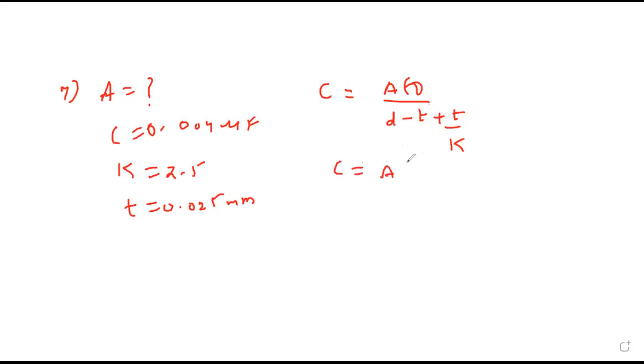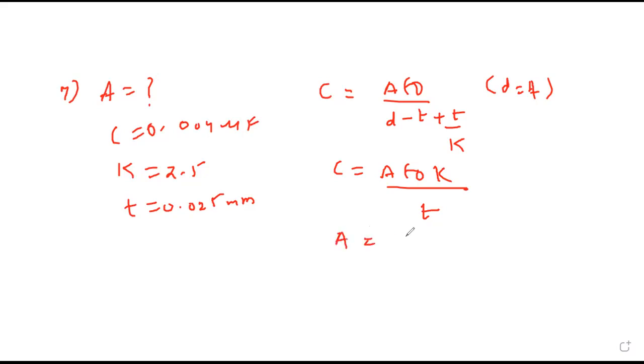So we can say C is A K epsilon 0 upon d, which is the thickness. This will get cancelled. D equals t.